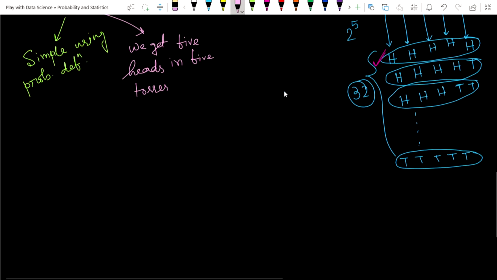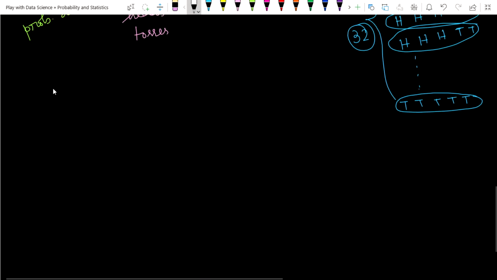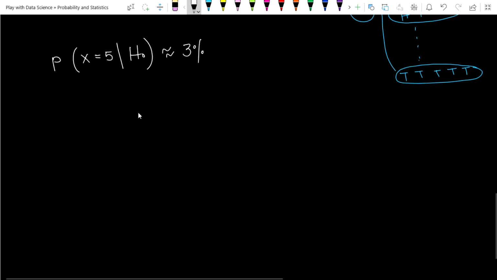Now we got the probability of x equal to 5 when we assume our null hypothesis, and this value is approximately 3%.